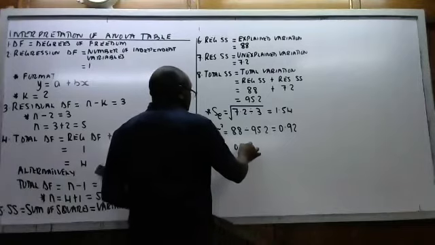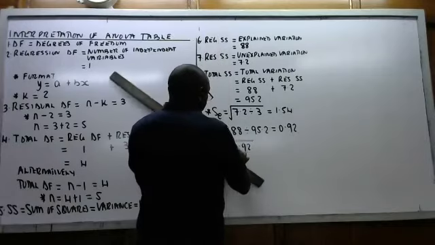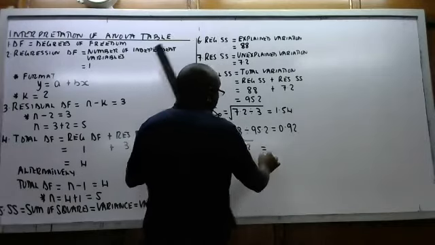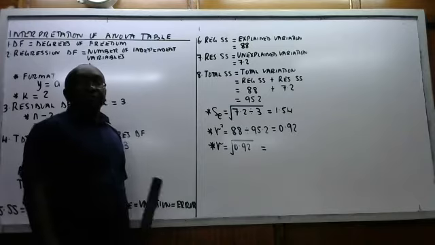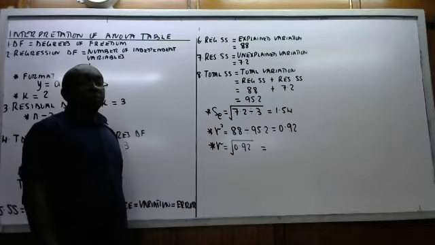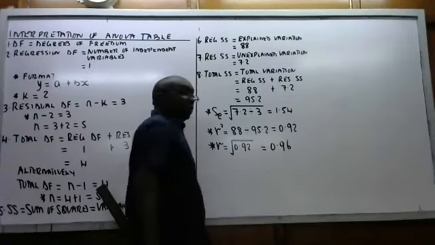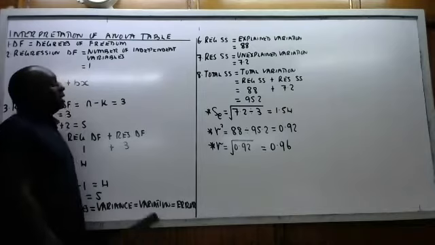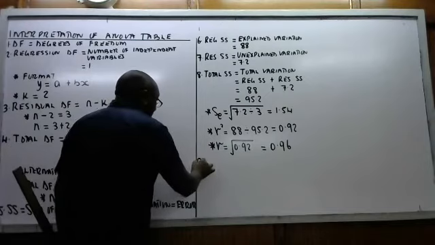So you will take this 0.92, you get the square root of it. 0.96. So those are the values you can compute using those items.